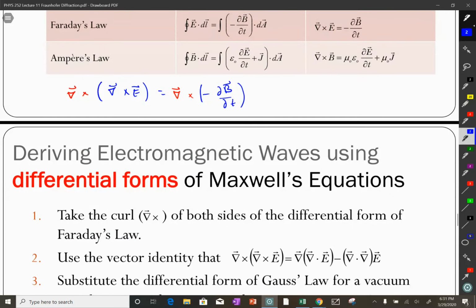Then you use this vector identity. Of course, I don't expect you to memorize this vector identity, or this sequence. I want you to know how to do it, but you don't have to have it memorized. If I give you the steps, you should be able to go through and do it.